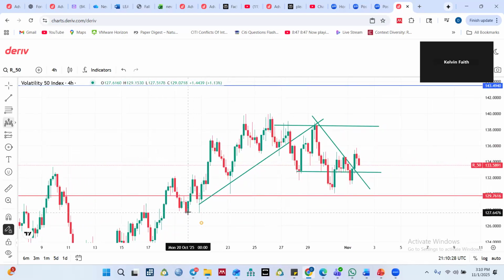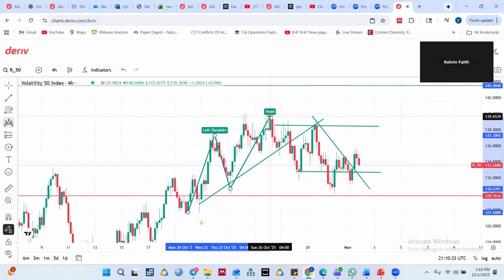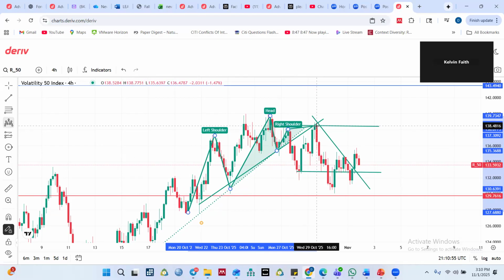So we have a high, a lower high, and two double tops, so a higher high. Price drops to hit the neck of the head and shoulder. After that, we should expect a right shoulder, which forms, breaks the right shoulder, which is a break of structure, and pulls back to retest the right shoulder, which is a perfect area where we would take a sell if we were trying to trade this reversal.